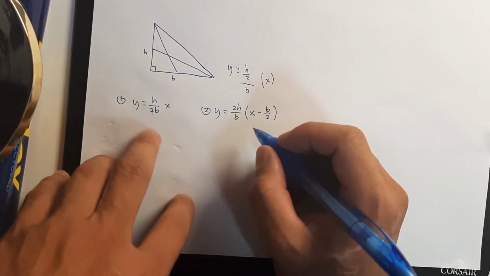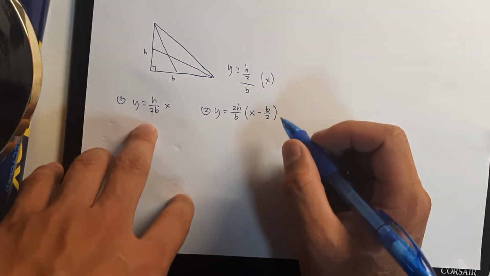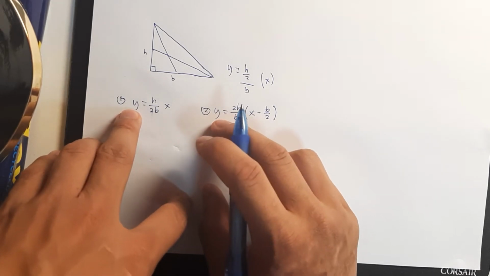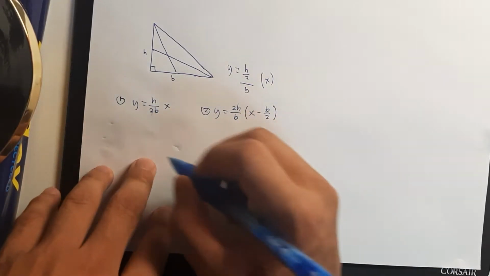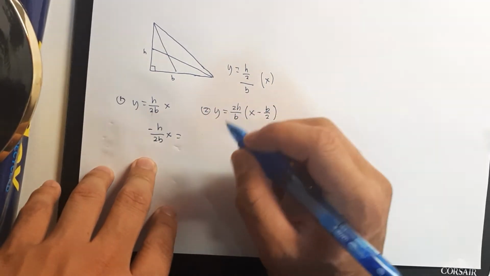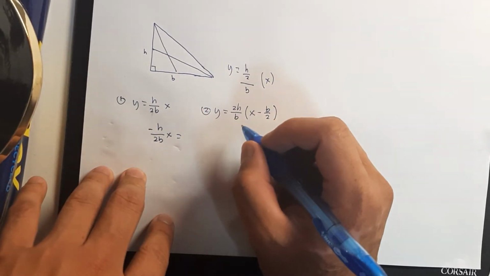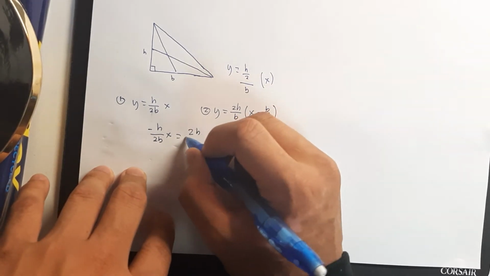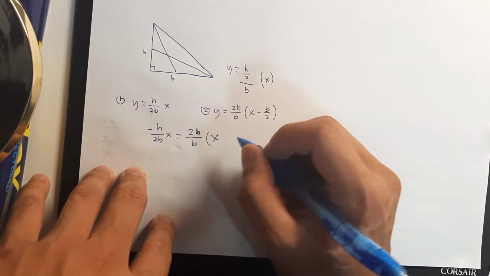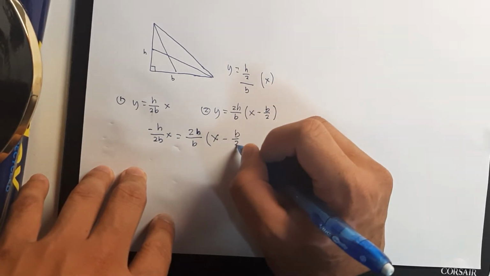Now since that is y and that is y, we can substitute one of these values into the other. So negative h over 2b x equals h over b times x minus b over 2.